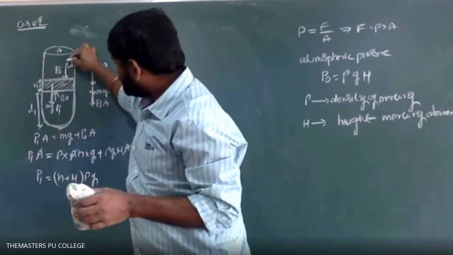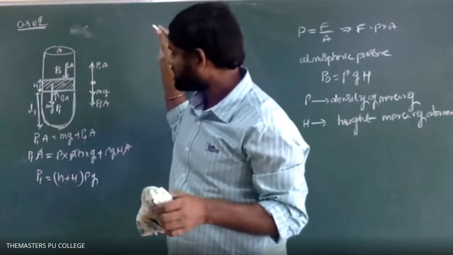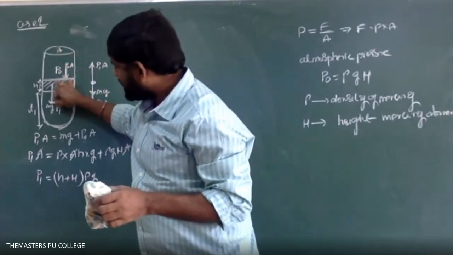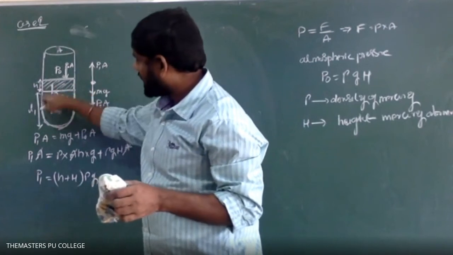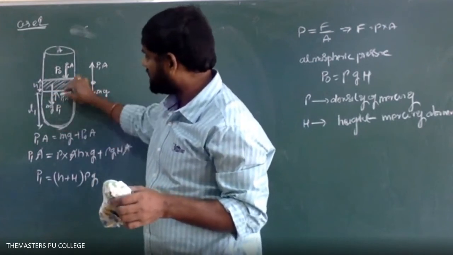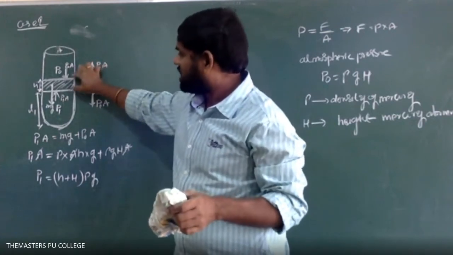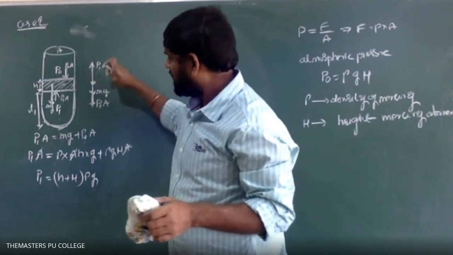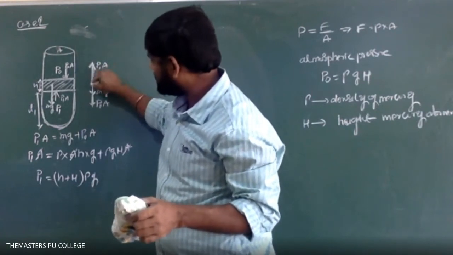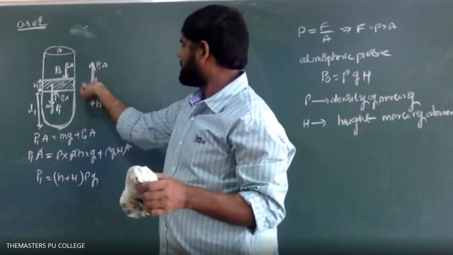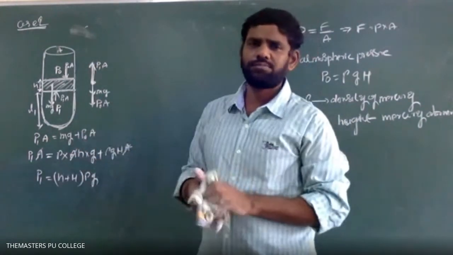One force due to P0 is acting downward, and its weight is acting downward, and the force due to the pressure P1, which was trapped inside, is acting upward. I have represented this system as a point mass and drawn the lines. This is the upward force, this is the downward force. The net upward force must be equal to the net downward force because of equilibrium.